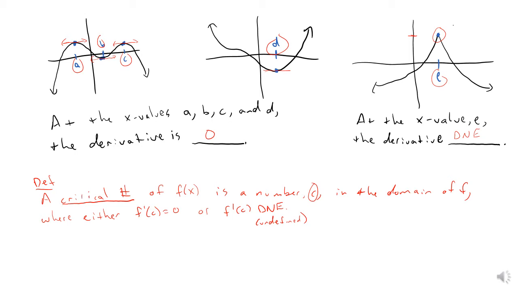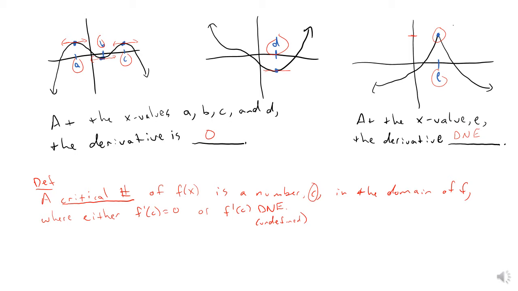All right, one thing we need to make sure we understand here is that anytime the derivative is 0 or it doesn't exist, we have what's called a critical number. But we're not guaranteed to have an extremum at every critical number. In fact, there's one point somewhere on one of these graphs that is a critical number, but we don't have an extremum.